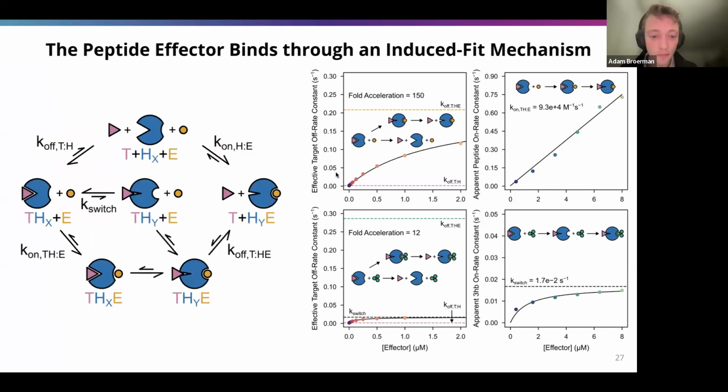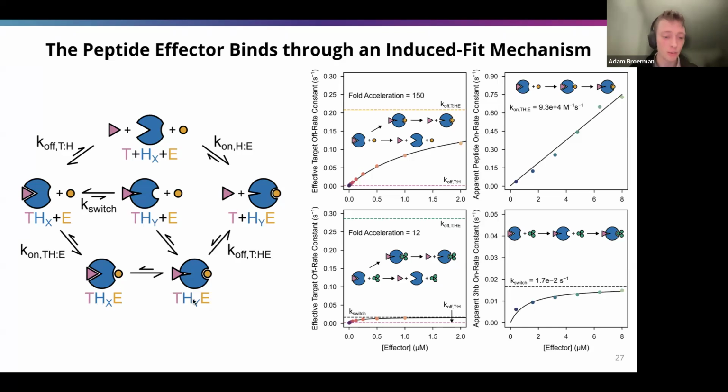Okay, so the interpretation of all of these results is that the rigid effector is rate limited by some conformational switching before the effector binds. So first, the system has to switch into this strained state Y, and then the effector can bind to stabilize that state.